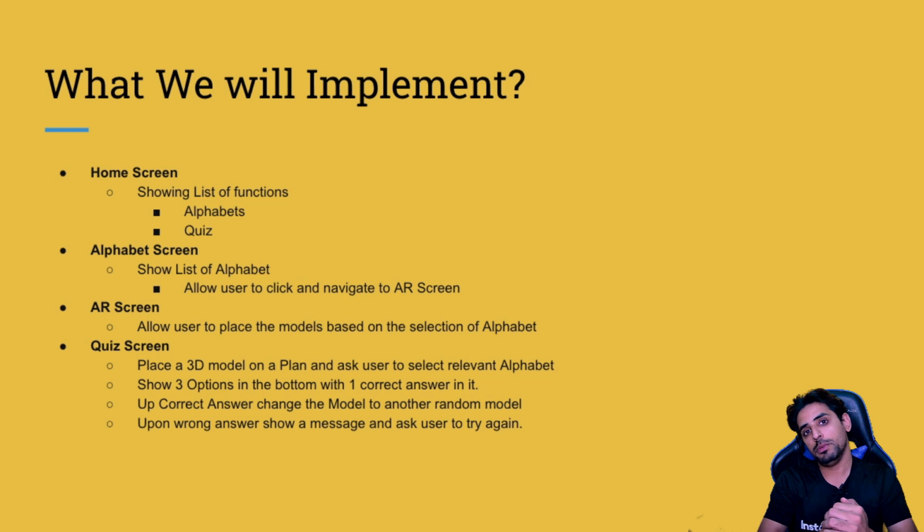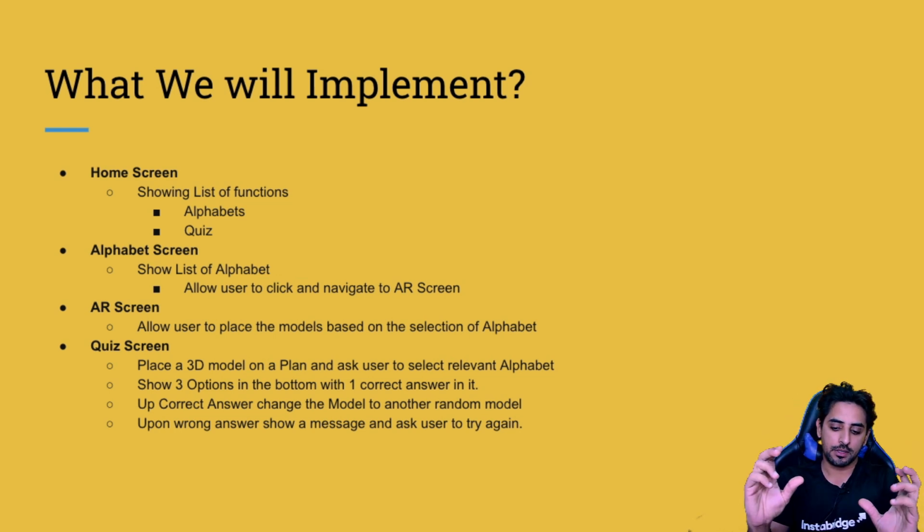And the second part would be a quiz app. In the quiz, we will be opening an AR view to the user, and when the surface is being tracked, we will place a random object from the alphabets. It can be any object that we have, the 3D models, and the user will have to guess the starting alphabet, the reference alphabet to it.